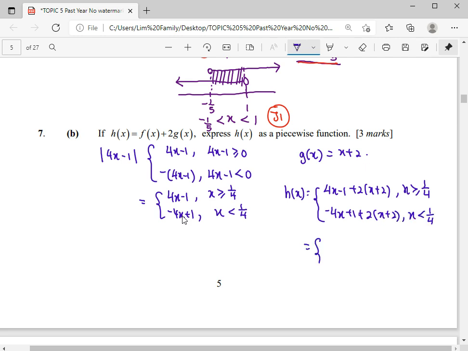So we simplify here. Here will be 4x plus 2x, added together, 6x. Then negative 1 plus 4 is 3. For the second piece, second part here, negative 4x plus 2x is negative 2x.